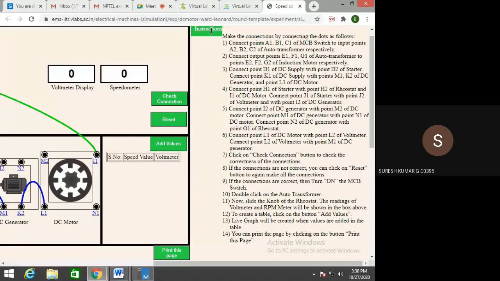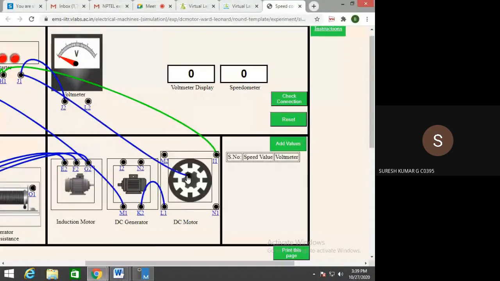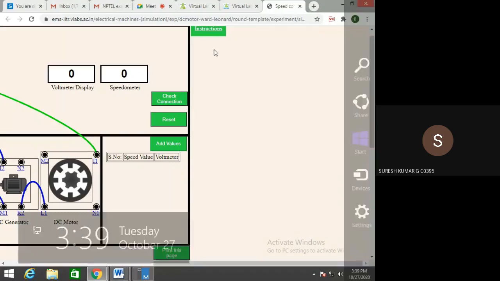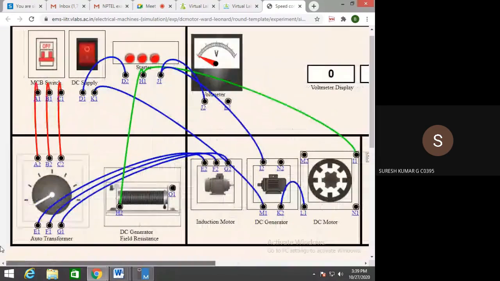I2 of the DC generator with point M2 of the DC motor. I2 to M2.